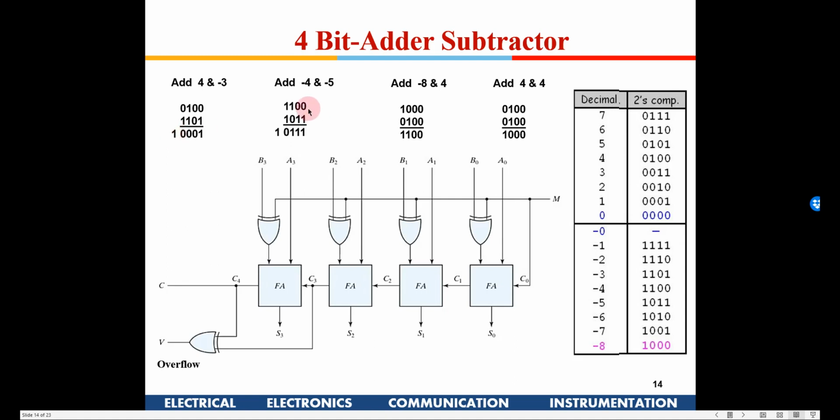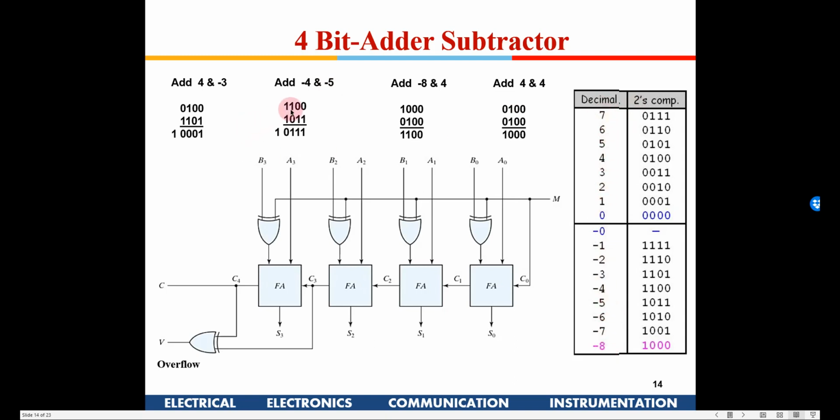Now if I take one more example out here, minus 4 and minus 5. If I do the addition, the answer is 0 1 1 1, which is 7. Obviously this is wrong, right? So this is not 7. Minus 4 and minus 5, if you add, it is minus 9, and minus 9 is out of our range.